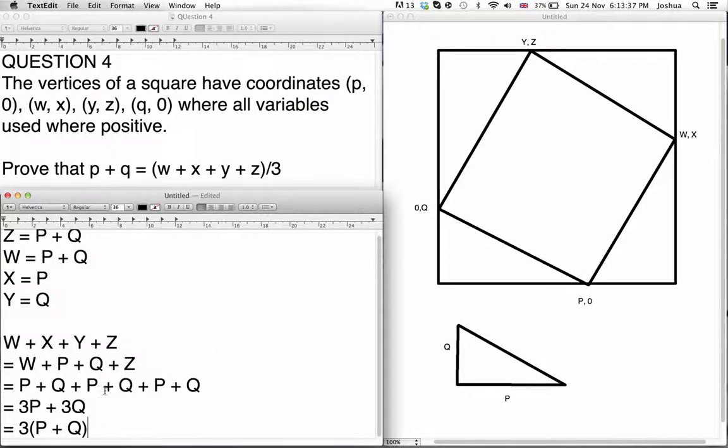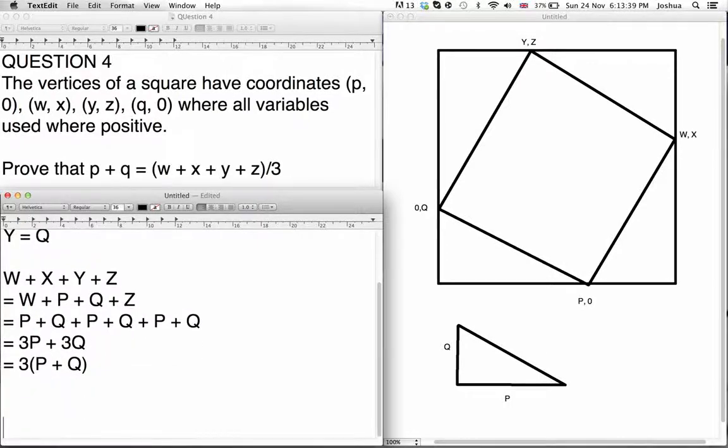So if we were to get this straight on one line, this is equivalent to this.